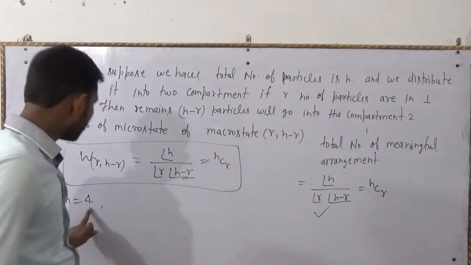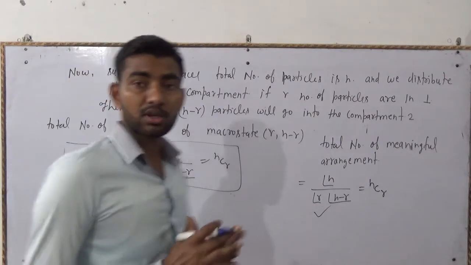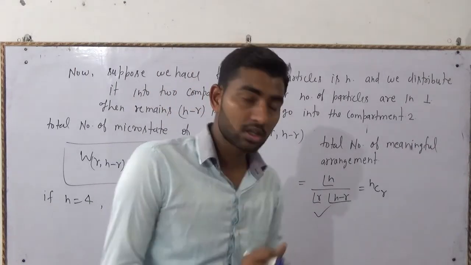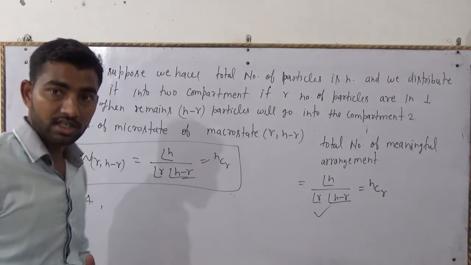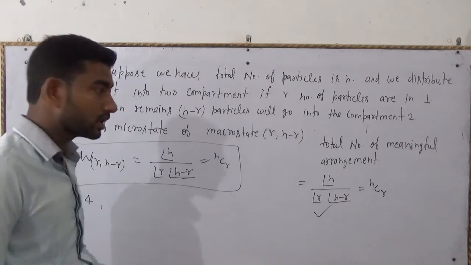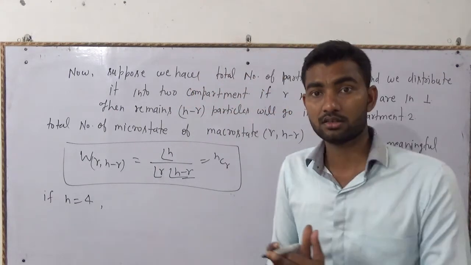To distribute 4 particles into 2 compartments, we will find a total of 5 microstates. So we can choose here any microstate and we will prove the total number of microstates.